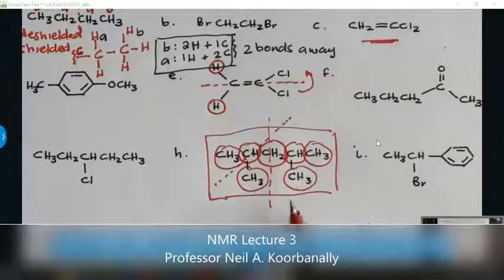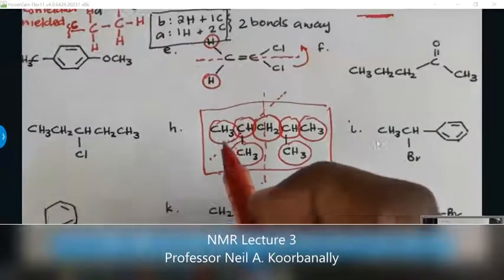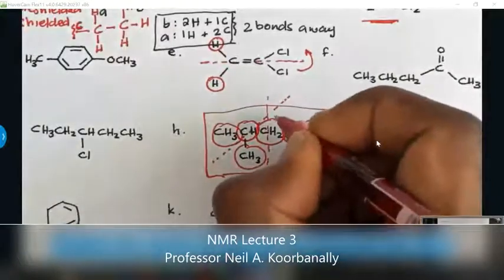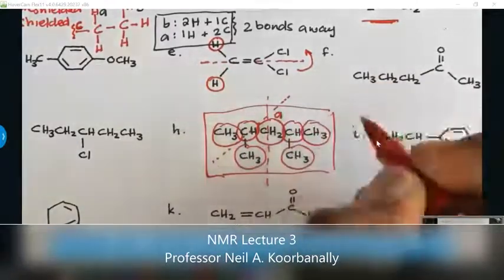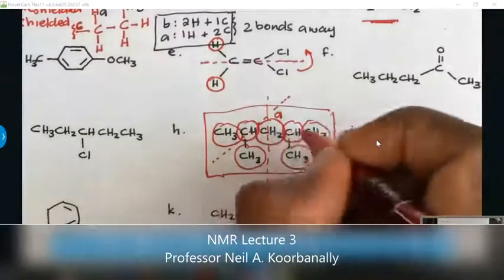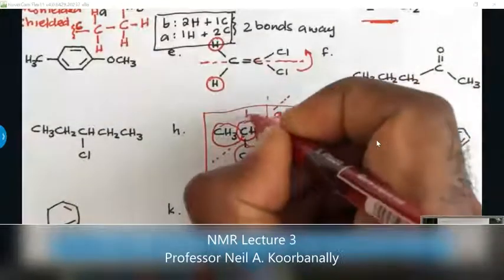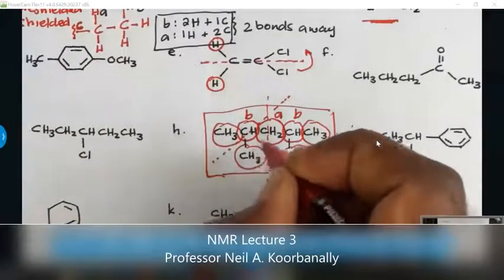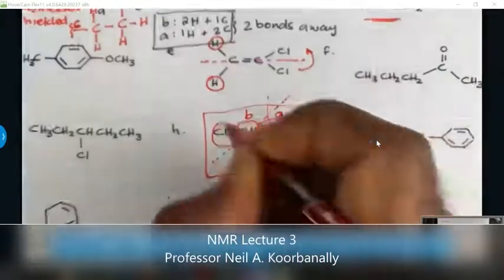Right, so I've looked at this particular example and I can see that this is going to be one signal, A. These CH groups are going to be B. These CH3 groups are going to be the same, but different to this CH and different to the CH2.